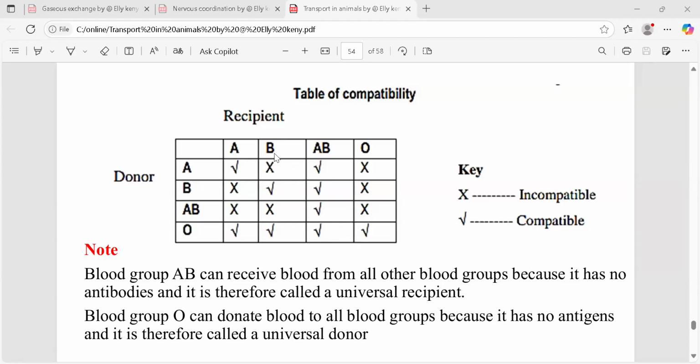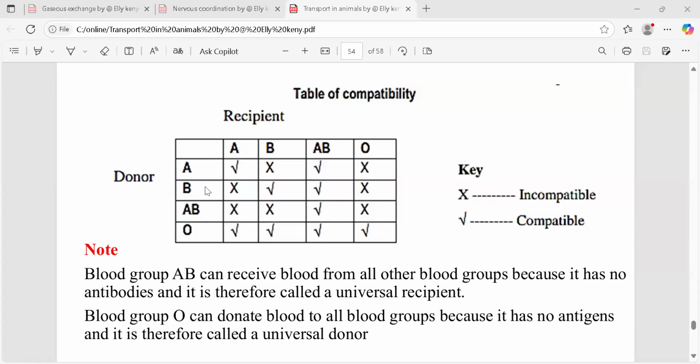Because B produces antibody A, which can fight and cause agglutination for blood group A. That's why A cannot give B. But A can give AB because there is antigen A in AB, which looks like A. Therefore, it does not cause agglutination. That's why A can give to AB. A cannot give to O because O has no antigens, but has antibody A and B, which antibodies can fight A. That's why A cannot give O.